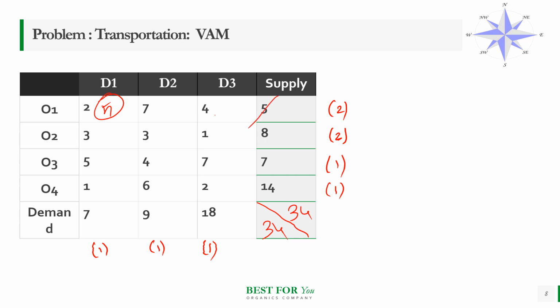The supply gets over, so I am going to cross out the entire row. Now the demand rests with 2.